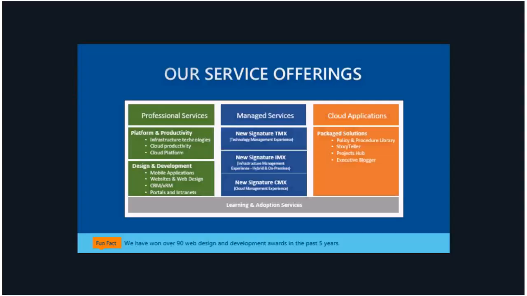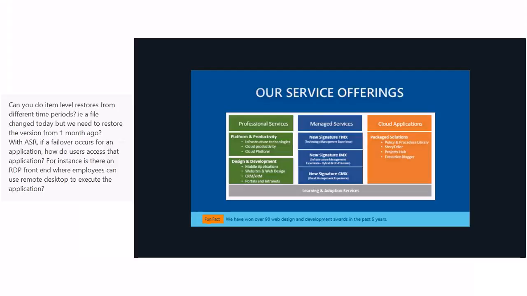Our managed services include our advisory and operational services that we provide on a recurring basis to our customers. And that's where our recovery services experience fits as well. Then we have our cloud applications that are packaged like SaaS offerings, software as a service rather, that have been developed on top of our cloud platform and productivity technologies.